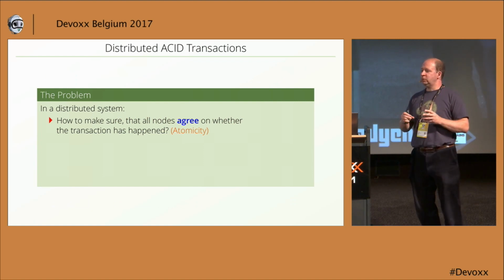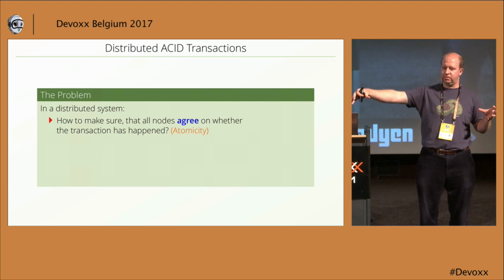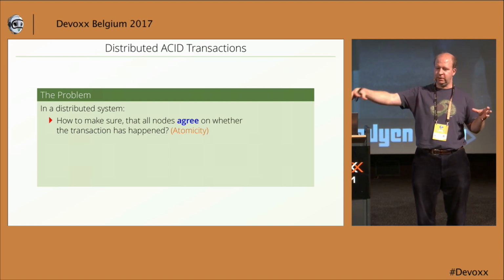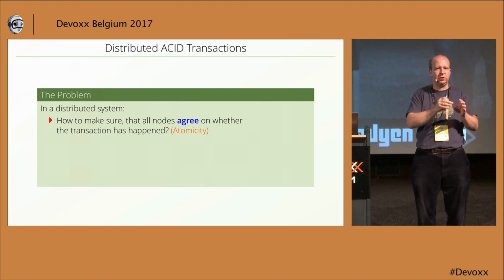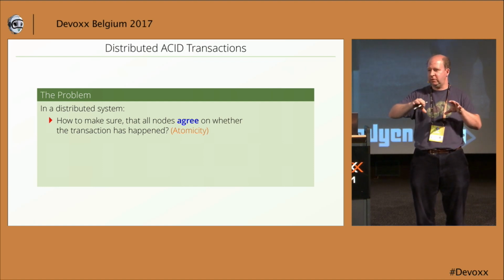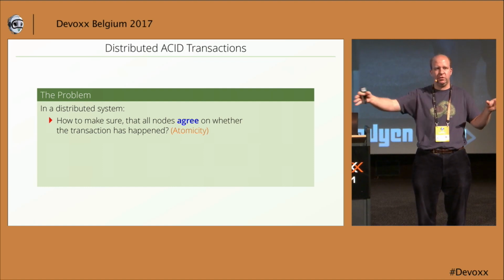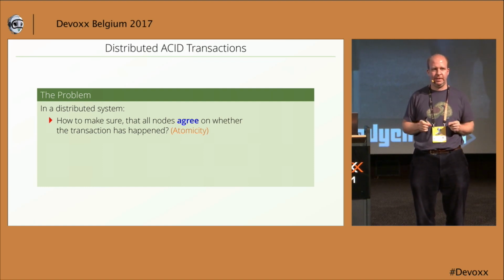The problem is, once you distribute your data across nodes, then a transaction will touch multiple nodes, because you change in one transaction multiple data points. So you have to interact with a lot of nodes, and they have to change data.